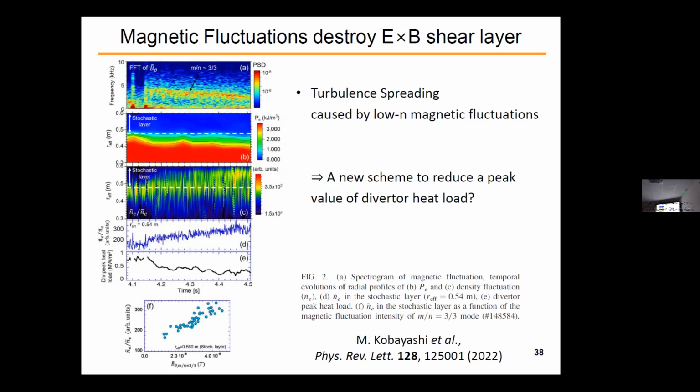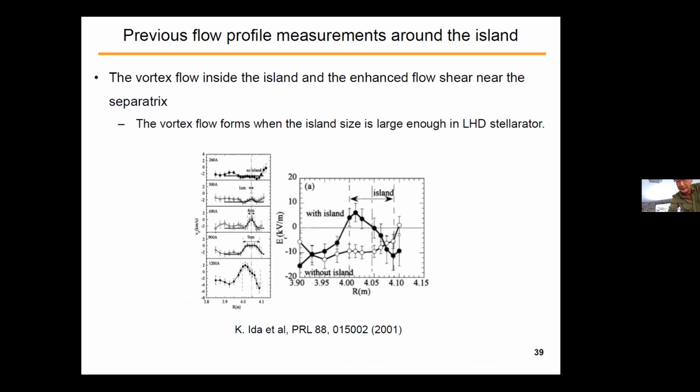And this might be a relatively new possible scheme to reduce the peak value of the divertor heat load. So this is another example of how turbulence spreading is influenced by E cross B shear and what kind of interaction between magnetic island and microturbulence can occur in the presence of E cross B shear and so on.